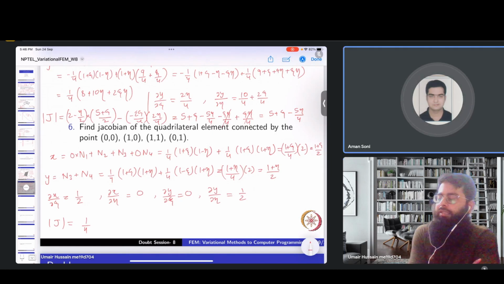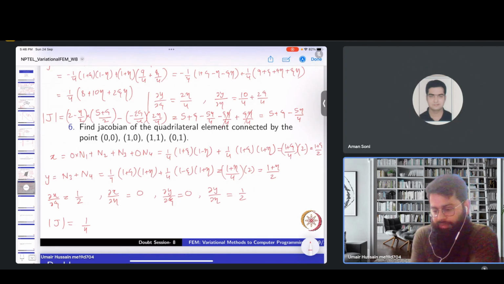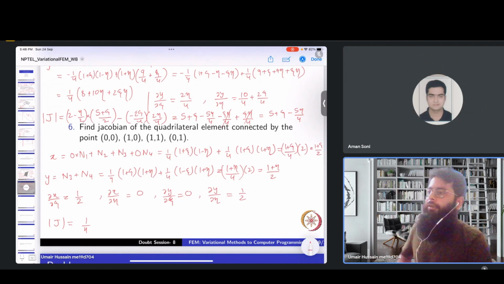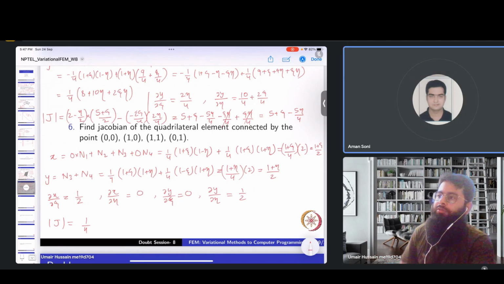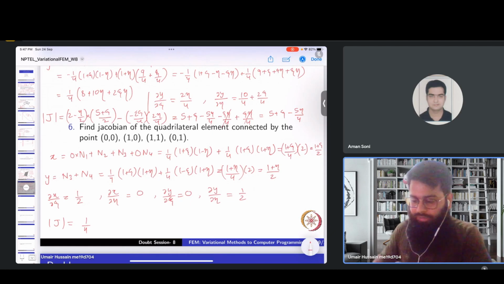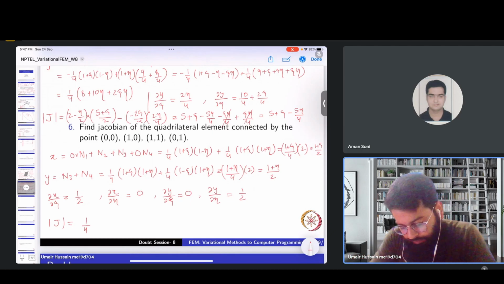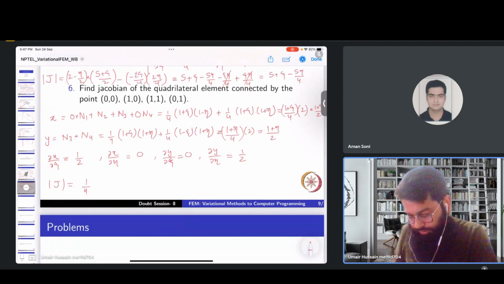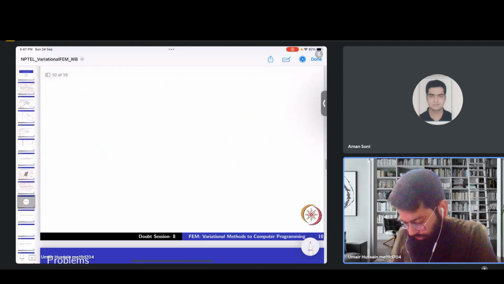For example, linear function we have taken. So this kind of mapping, it's just actually a stretching operation. So it's just a transformation with a stretch. So the Jacobian for this kind of transformation is a constant. Okay, so this is it.